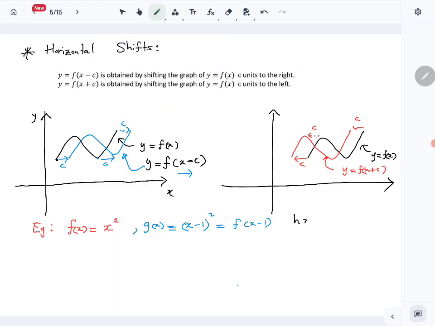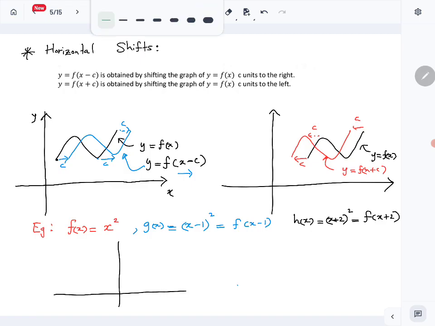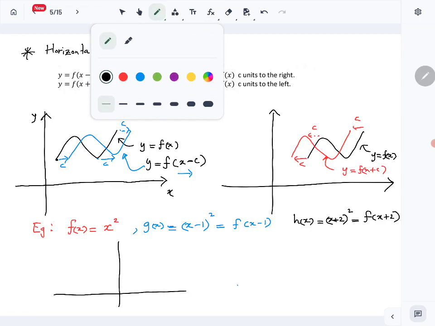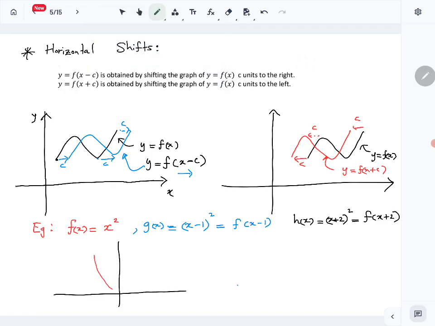And we'll also draw h(x) equals (x plus 2) squared. That is f(x plus 2). If you substitute x plus 2 here, you get (x plus 2) squared. So this is the curve we know the shape of, f(x) equals x squared.